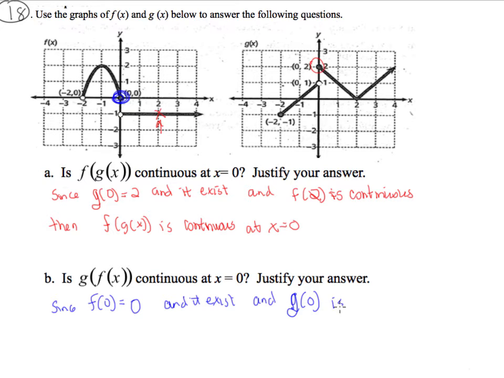And according to my graph, g of 0 is discontinuous. So I have a jump discontinuity at that value. So therefore, g of f of x is also discontinuous. And remember, jump discontinuity means the limit from the left is not equal to the limit from the right.